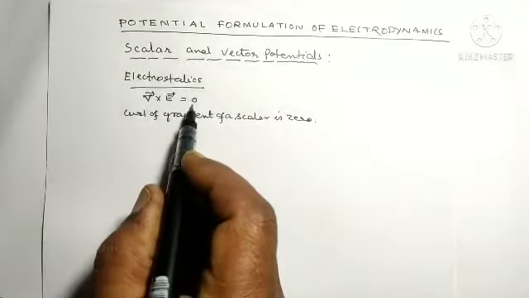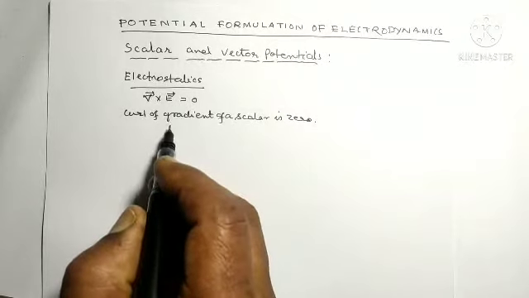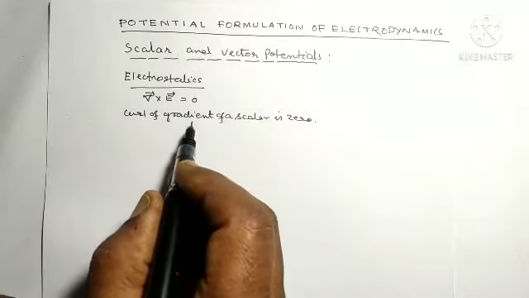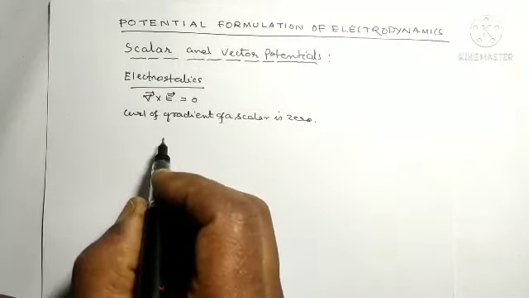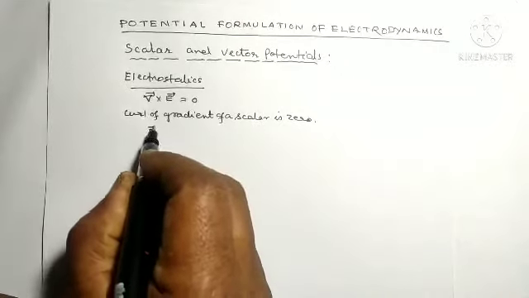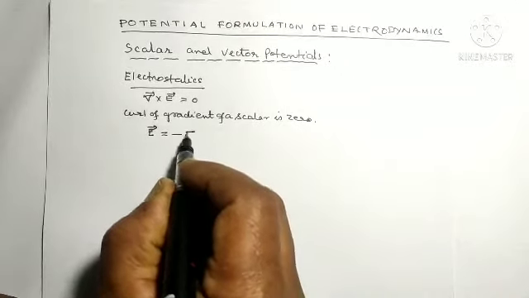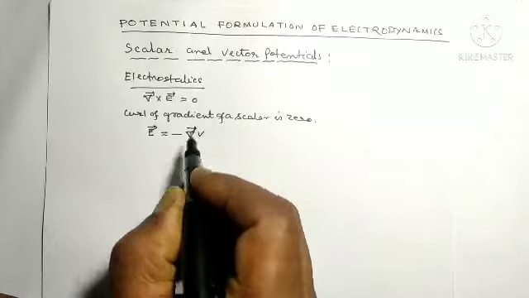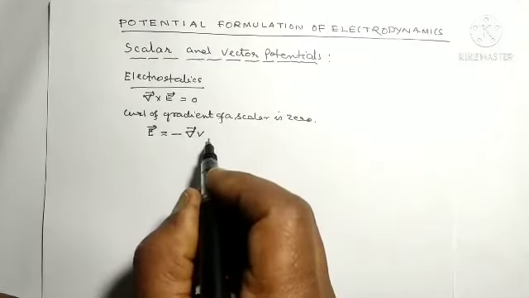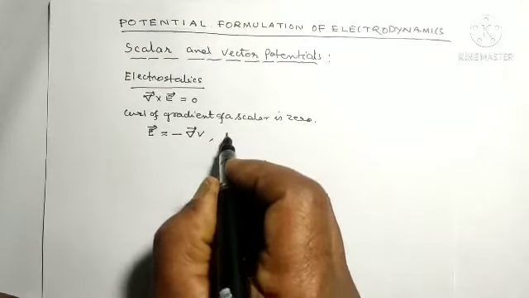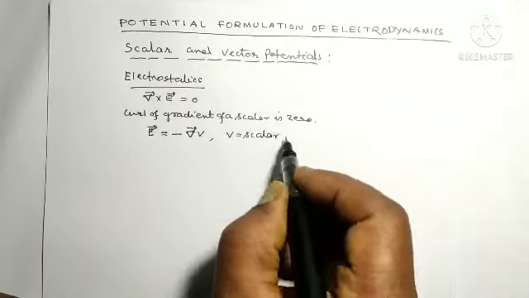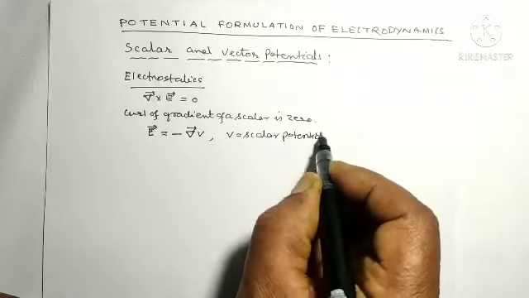So curl E is equal to 0 allowed us to write E as the gradient of a scalar potential V. E is equal to negative of grad V. Here V is the scalar potential.